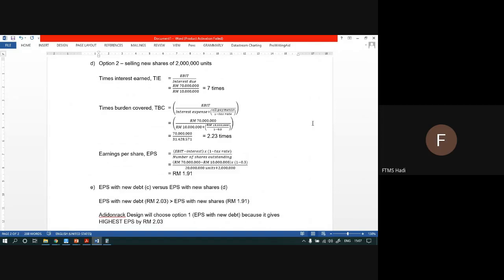And for question E, you need to compare the answer of C and the answer of D. All right, so we are done with chapter 5. These are the answers I already showed you.